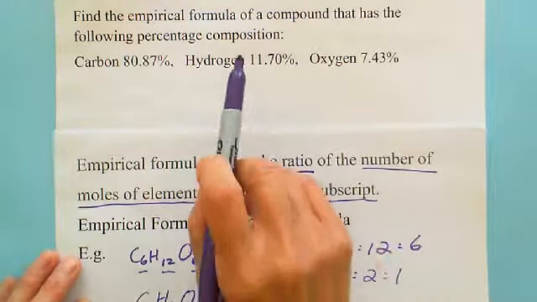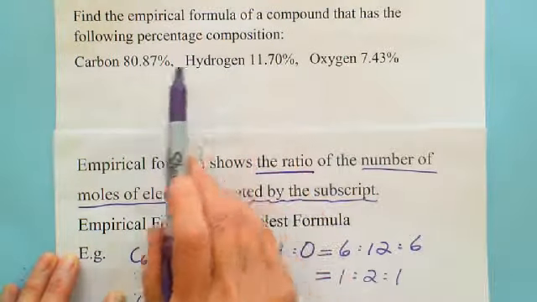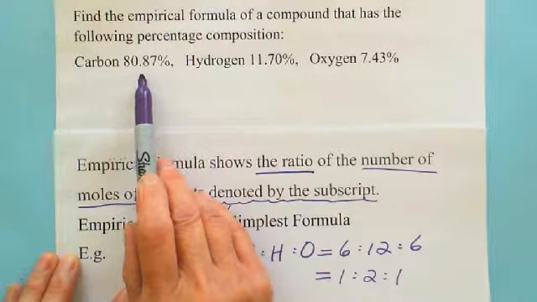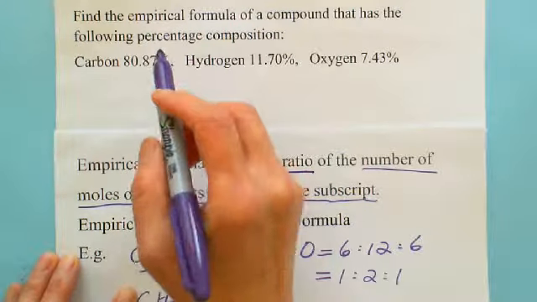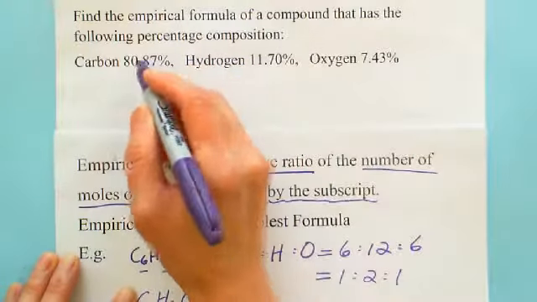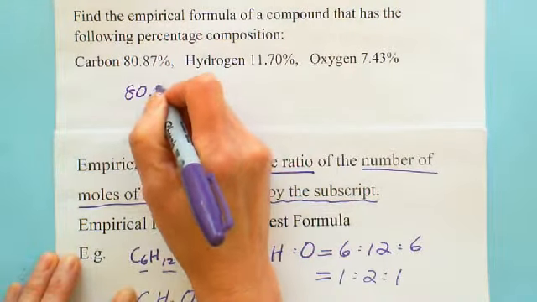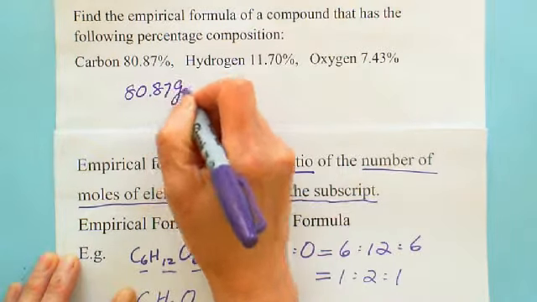Find the empirical formula of a compound that has the following percentage composition. Carbon 80.87% means in 100 grams of this compound, there are 80.87 grams of carbon.